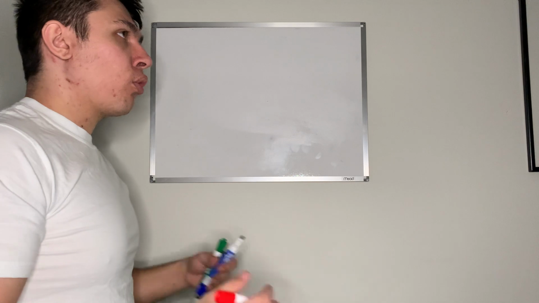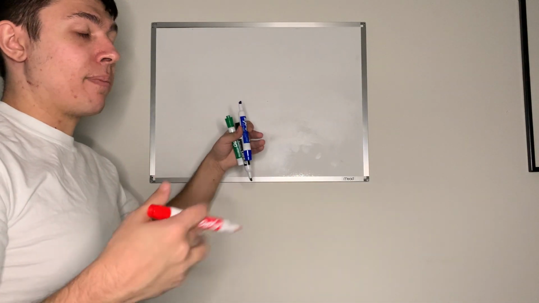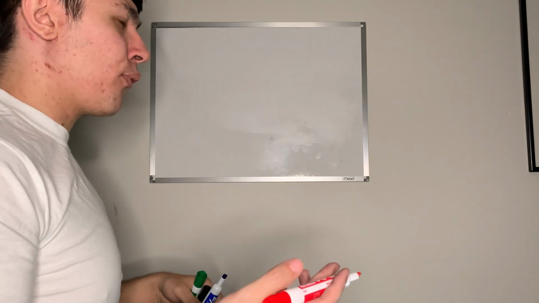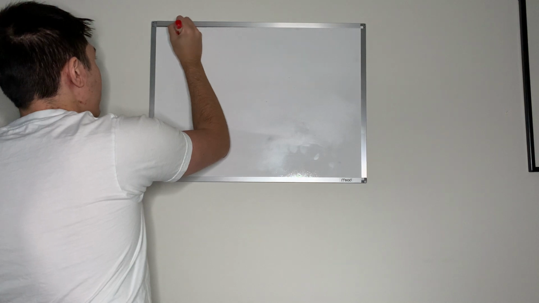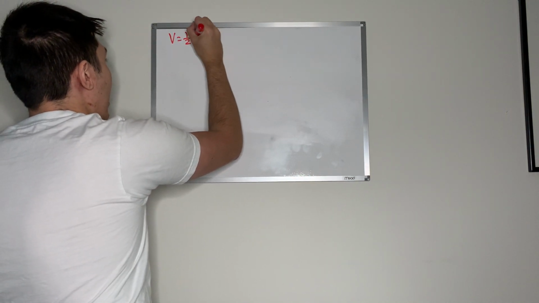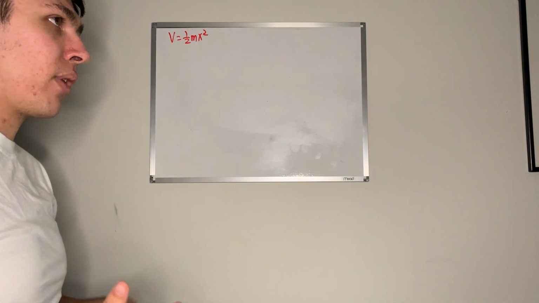So the Lagrangian for an oscillator is the kinetic minus potential. So the potential for an oscillator is always going to be 1/2 x squared, right? Because that depends on the position. And we're going to be working in Cartesian coordinates, so we have x.